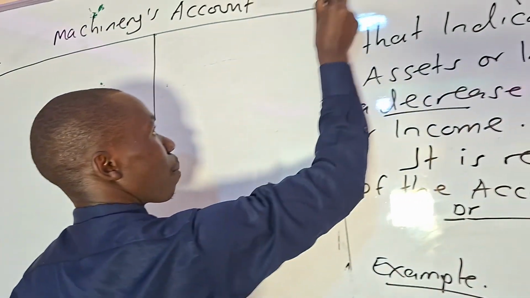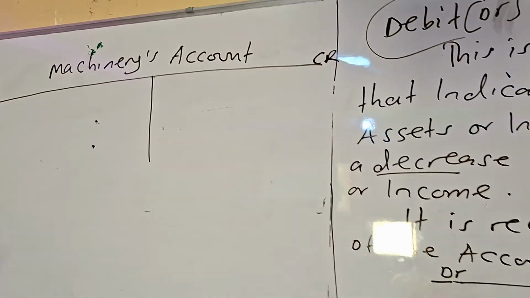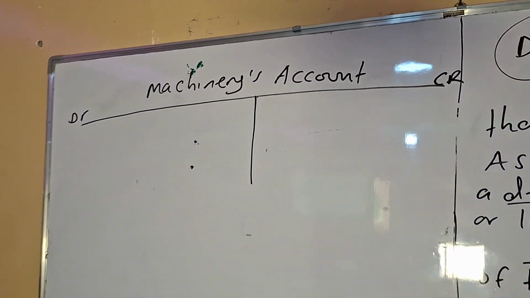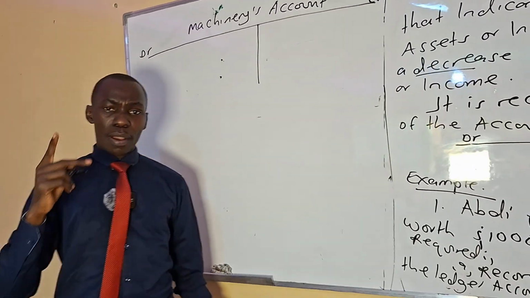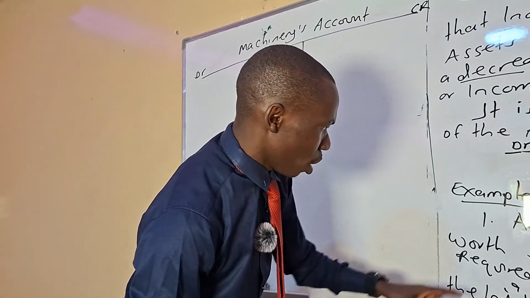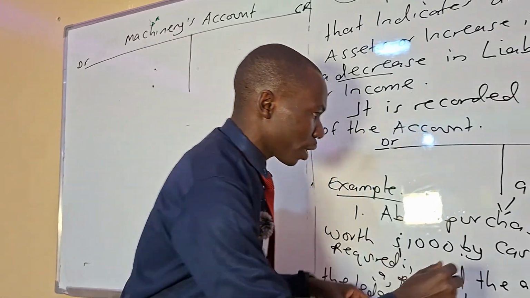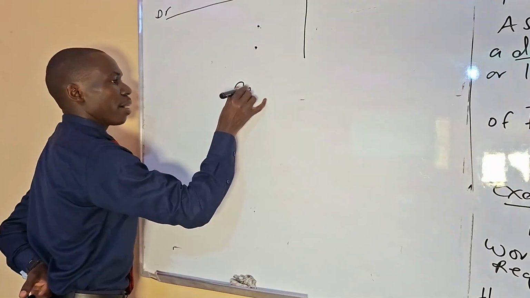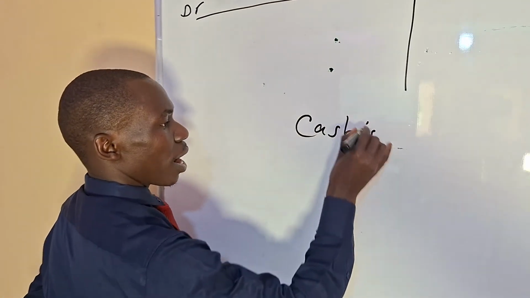Then CR, meaning credit. I'm going to talk about credit as well. Let's first understand them. I said each transaction must be recorded twice, meaning for each transaction you read here, you have to identify two accounts. One we have identified is the machineries account. Another account is the cash account.